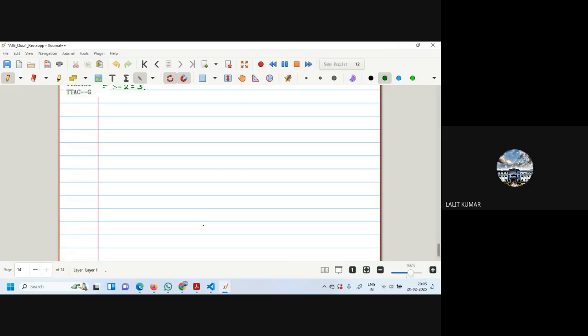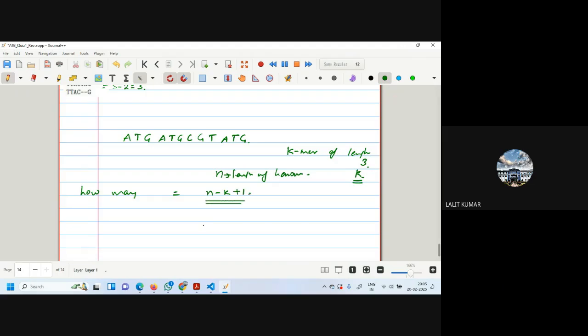For example, ATG, ATG, CGT, ATG, and I have to make k-mers of length 3. This is called K, and N is the length of the genome. The formula for how many k-mers I will have is N minus K plus 1. Please remember this formula.